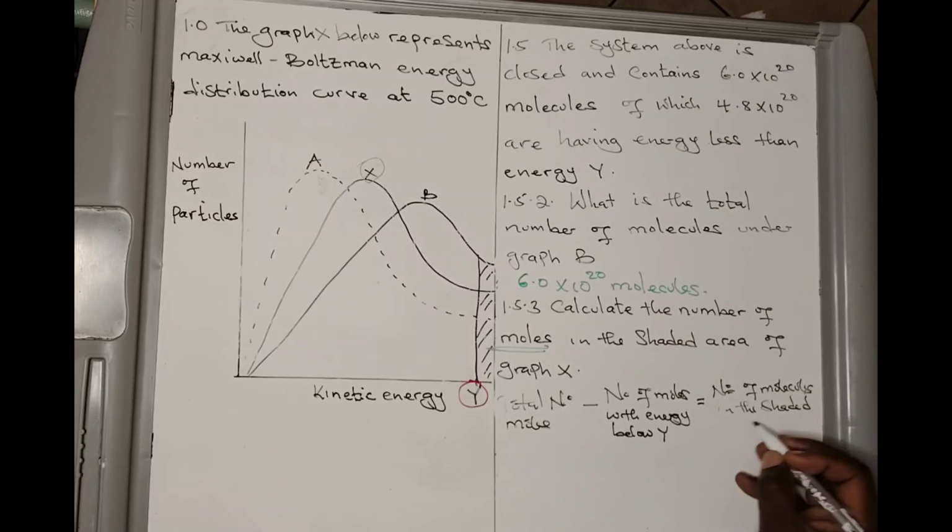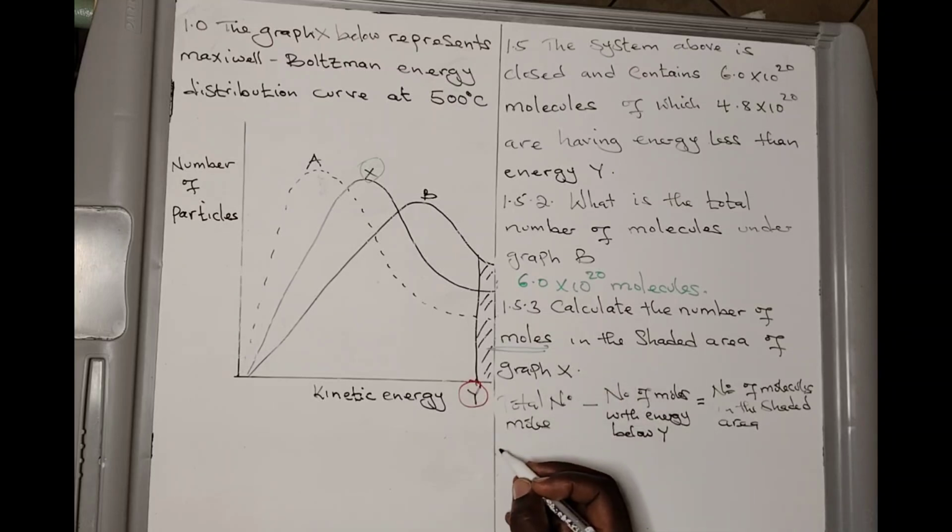So what is the total number of molecules? 6.0 times 10 power 20.